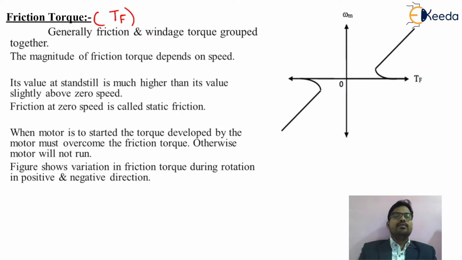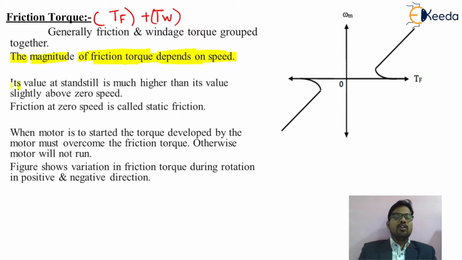In general, the friction and windage torque, TF and TW, are grouped together. The magnitude of such friction torque depends upon the value of the speed.